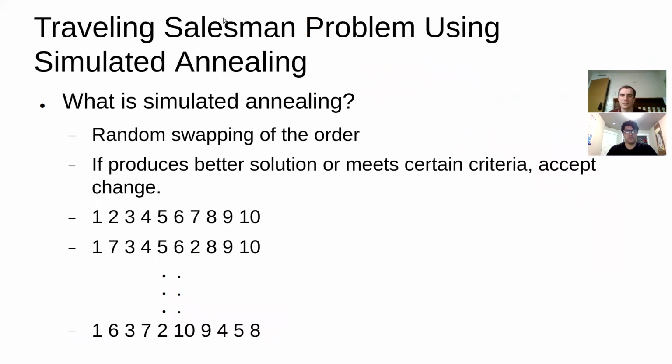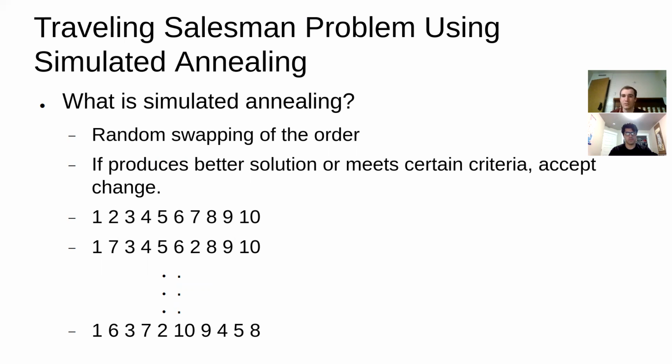So for the traveling salesman portion, I chose to use simulated annealing. You can use other algorithms like the genetic algorithm or something like that. But we did just talk about this, so I'll be really brief. You basically just swap the order of the nodes that you get, since it's a discrete optimization. So you swap the order of the nodes, and then you decide whether that benefits you or doesn't.